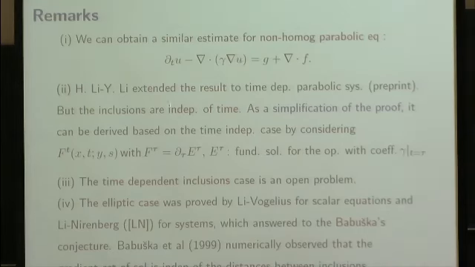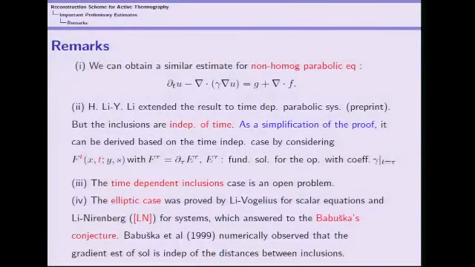Okay, let me give you some remarks related to the result. We can also obtain a similar estimate for the non-homogeneous parabolic equation, which means there is some non-zero right-hand side of this form.